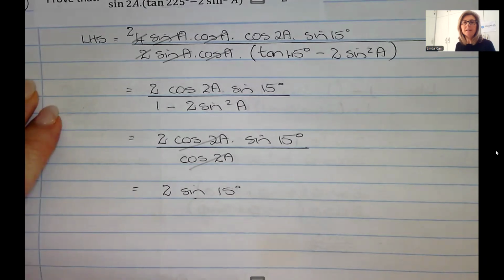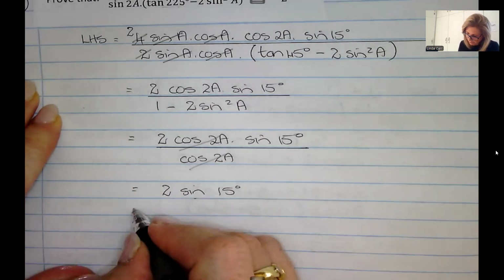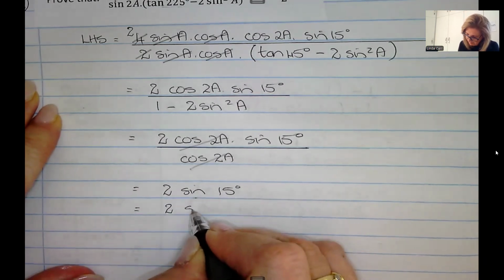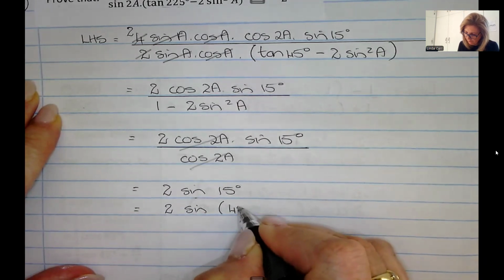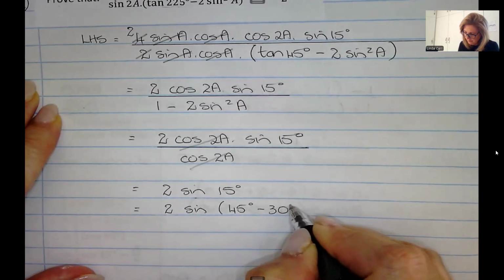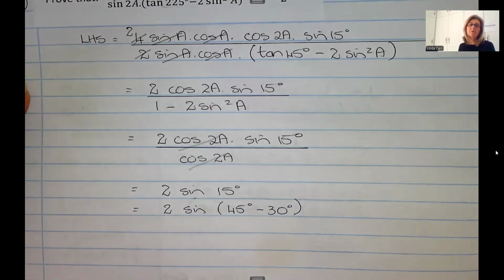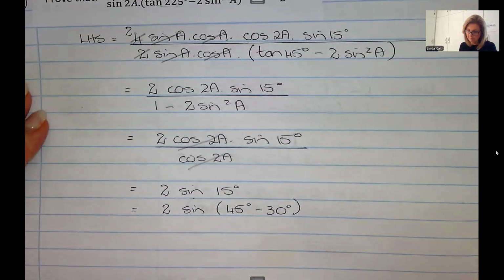I'm still not allowed to use my calculator, so I've got to bring in another clever step here, and I'm going to change that 15 into 45 minus 30. I could just as well have used 60 minus 45.